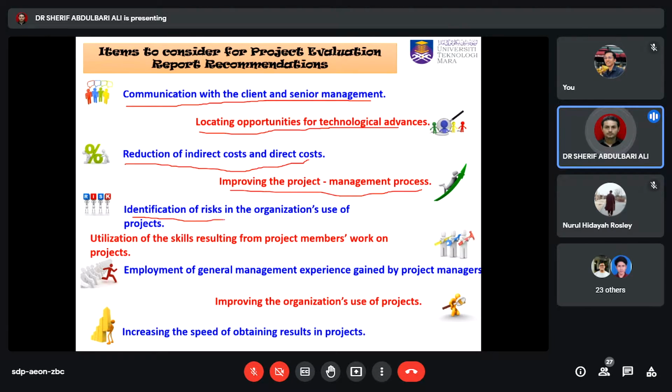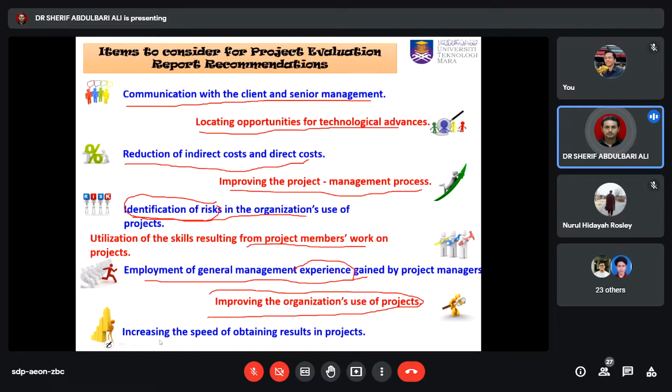Of course, if you are identifying the risks in the organization, that means for future projects you are going to avoid those types of risk because you already identified them. You are going to utilize the skills resulting from the project members' work on the projects. Employment of general management experience, you are going to gain experience. Improving the organization's use of projects, increasing the speed of obtaining results from the projects because you already had the experience from running multiple projects.